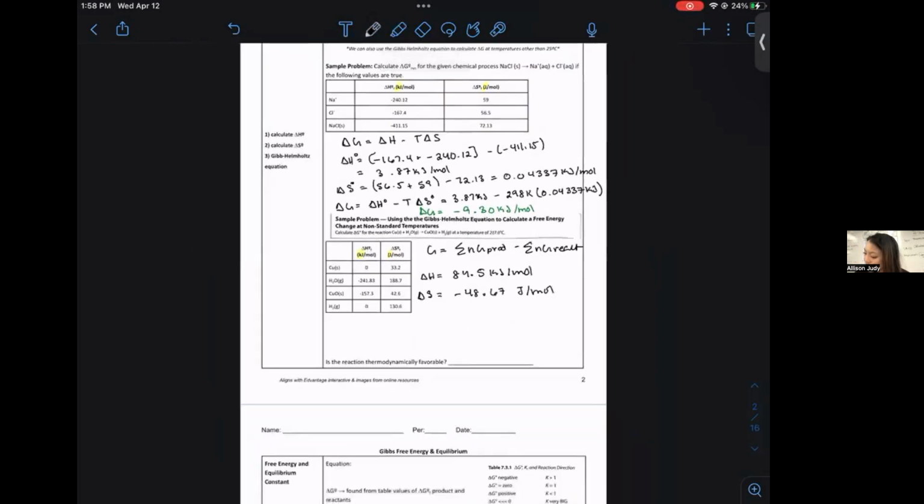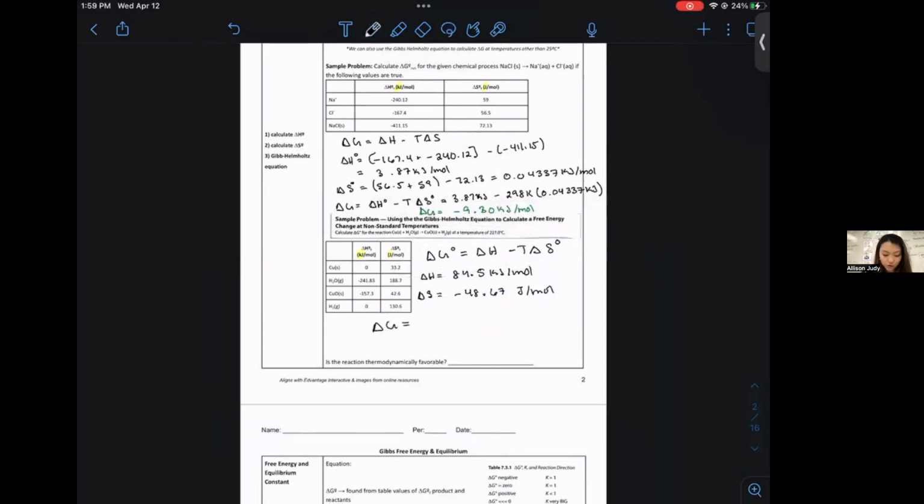And what you would have gotten then is a value for G equal to change in H minus T change in S. Then what you got?